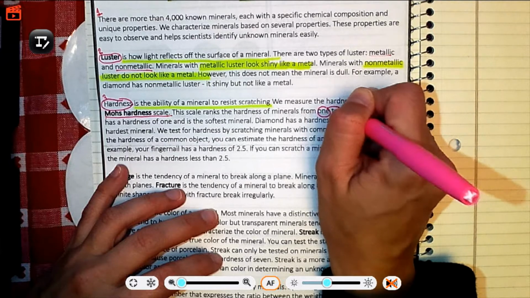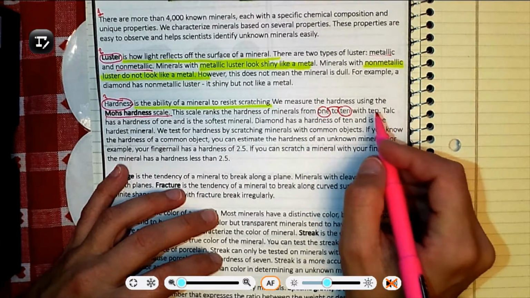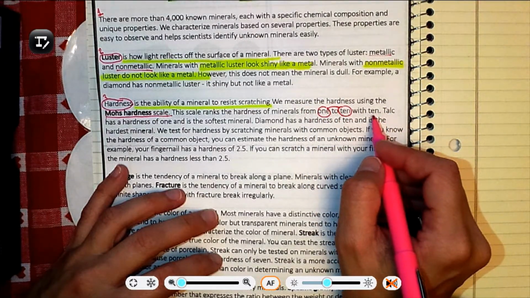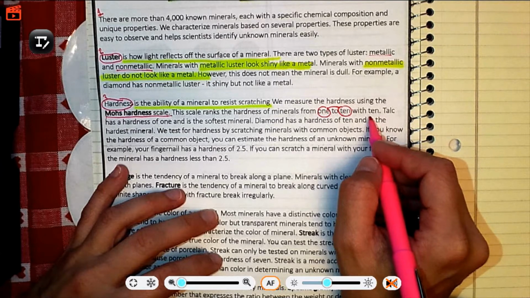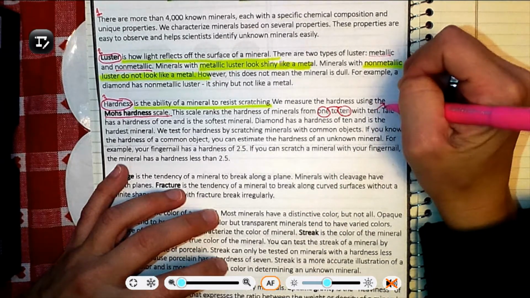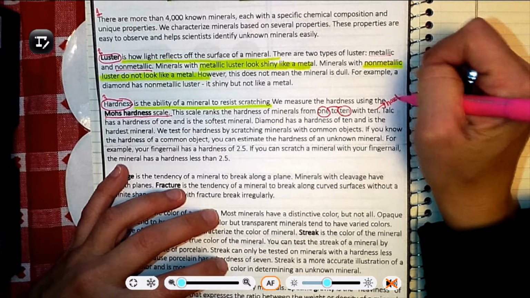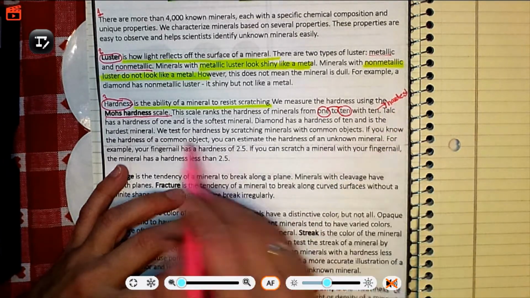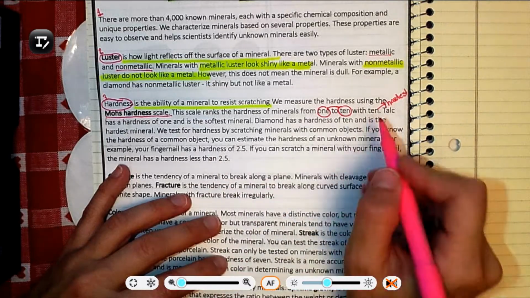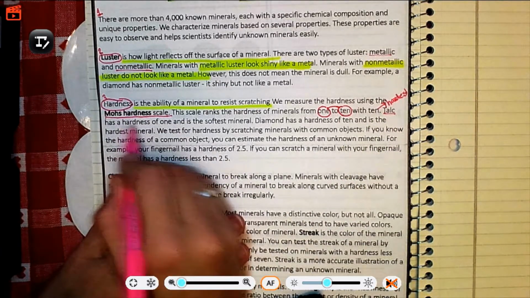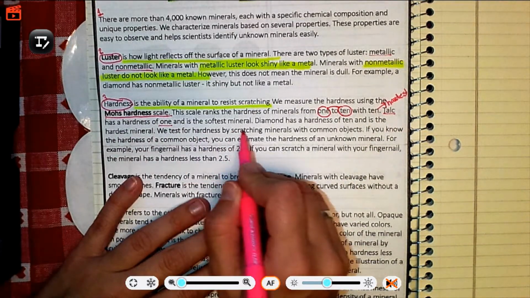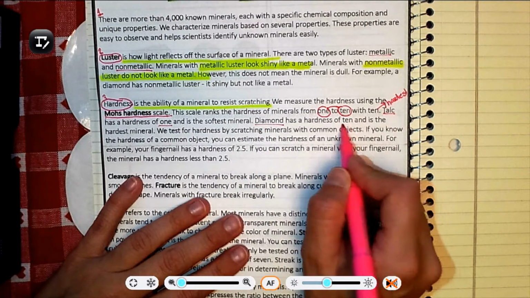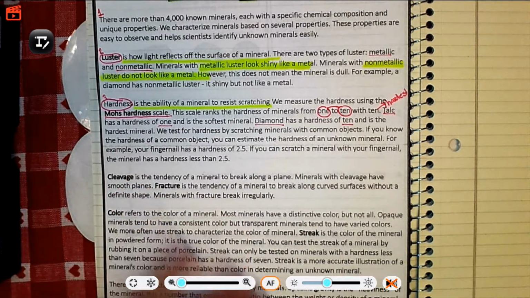From 1 to 10 with 10 is the hardest. I don't know why it doesn't say this. Hardest. Okay. Talc has a hardness of 1. It's the softest mineral. Diamond has a hardness of 10 and it's the hardest mineral.